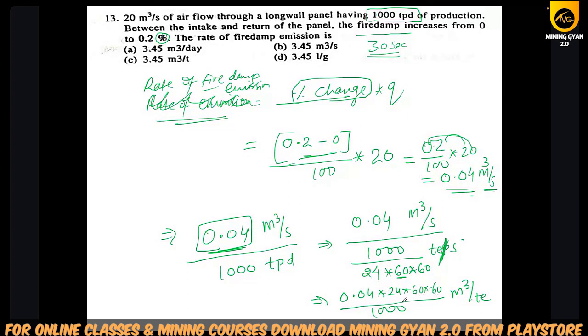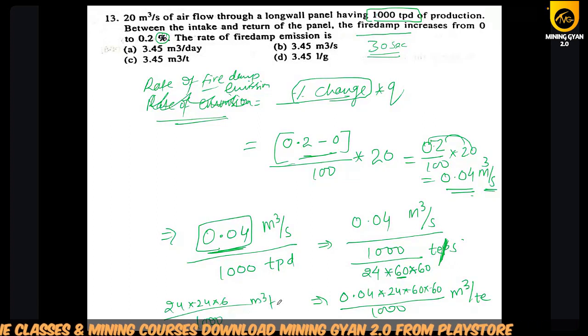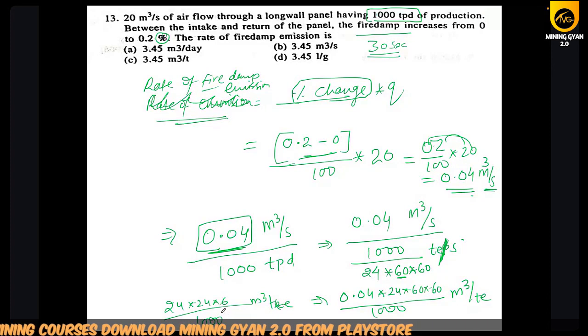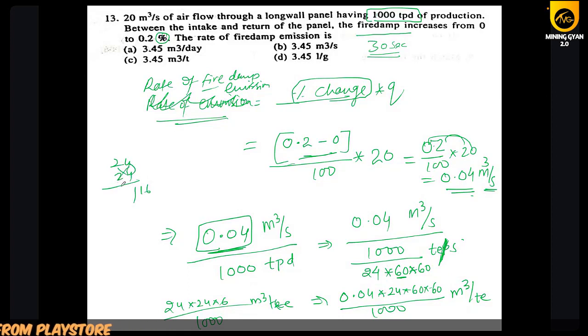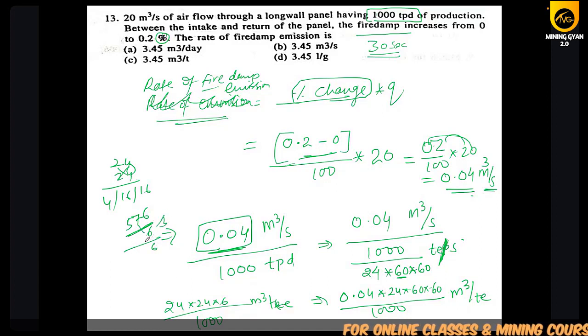Now just the calculation part. 6 fours are 24, so it will be 24 into 24 into 6, divided by 1000, in meter cube per ton. 24 multiplied by 24 is 576, multiplied with 6.